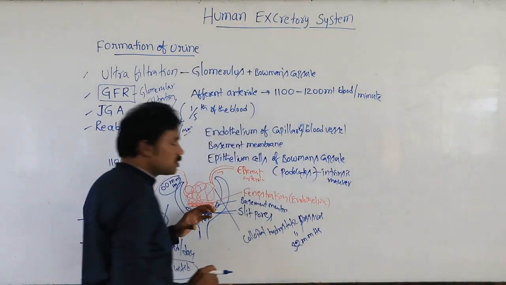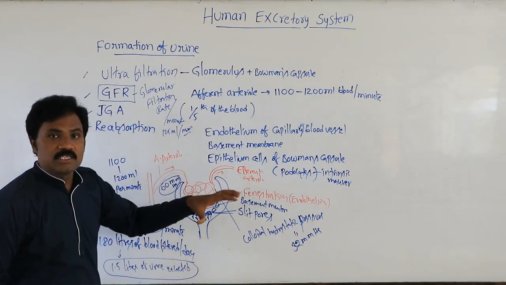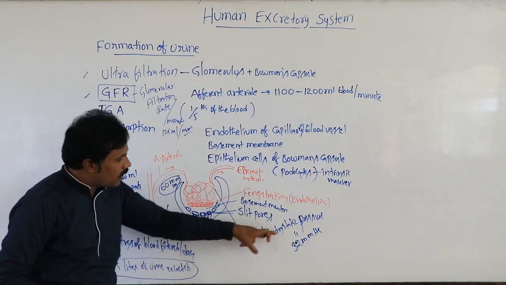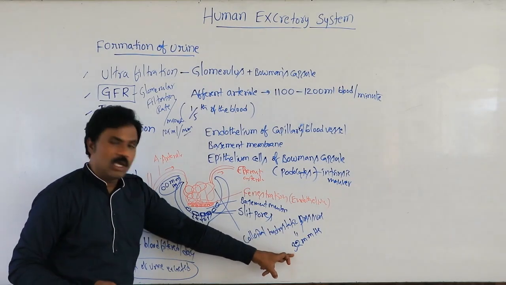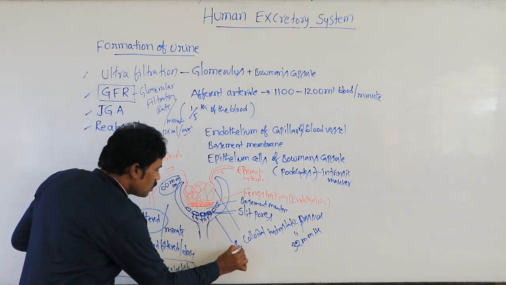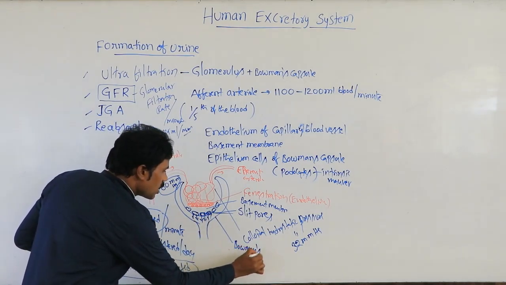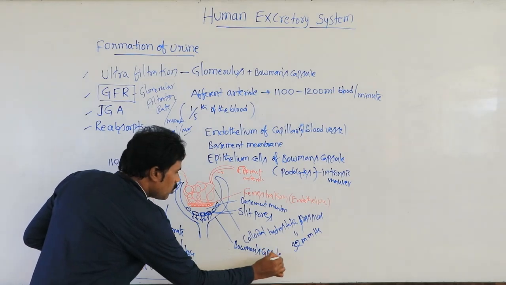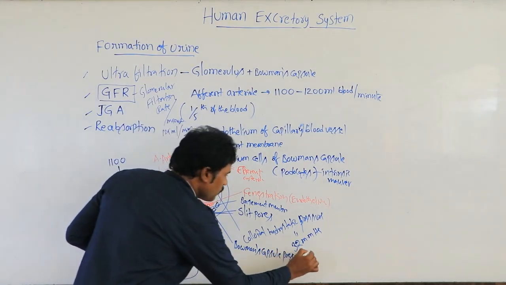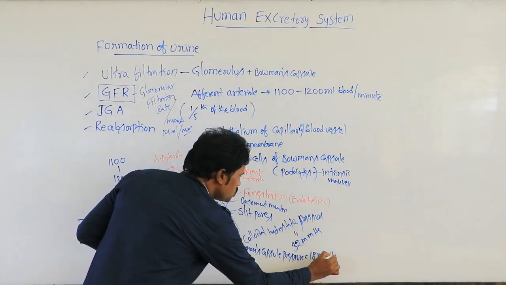Then the Bowman's capsule pressure is 18 mmHg.